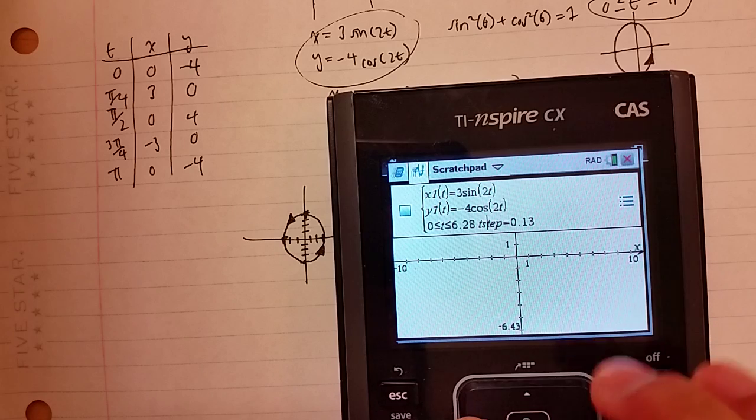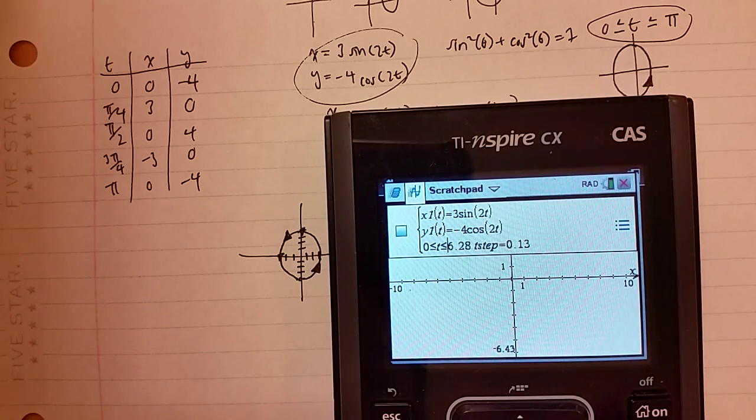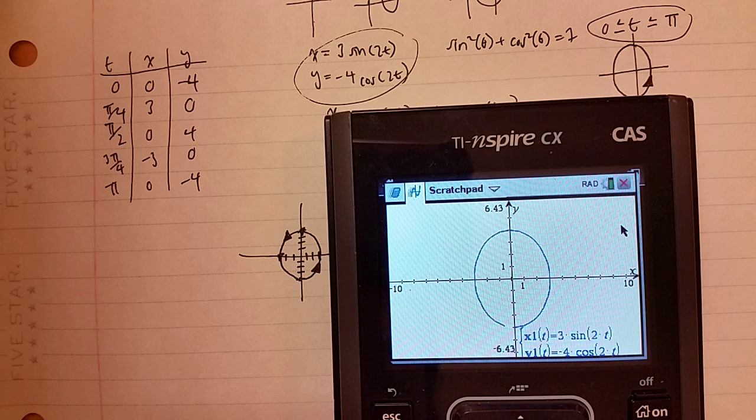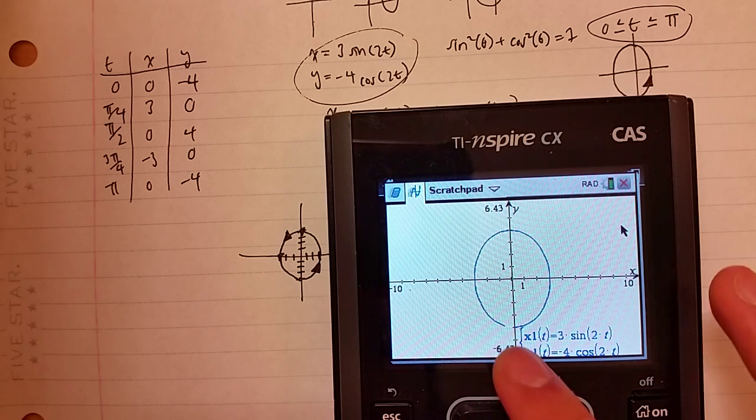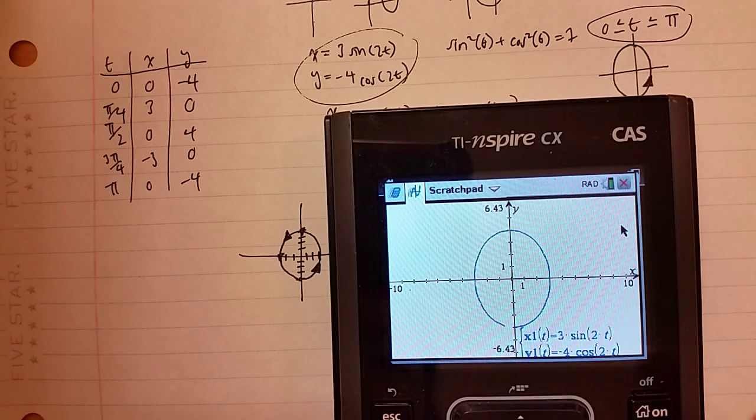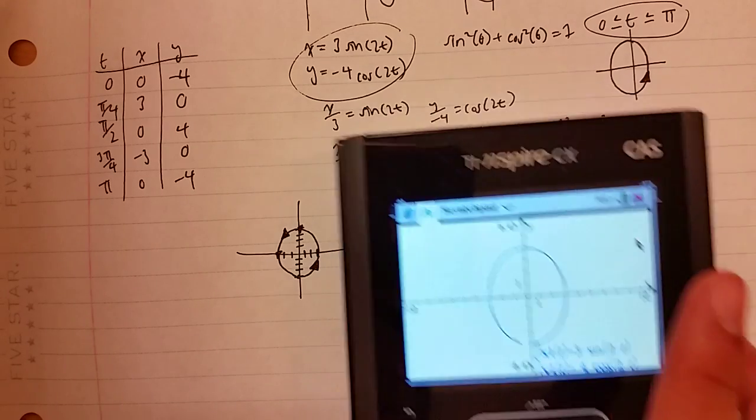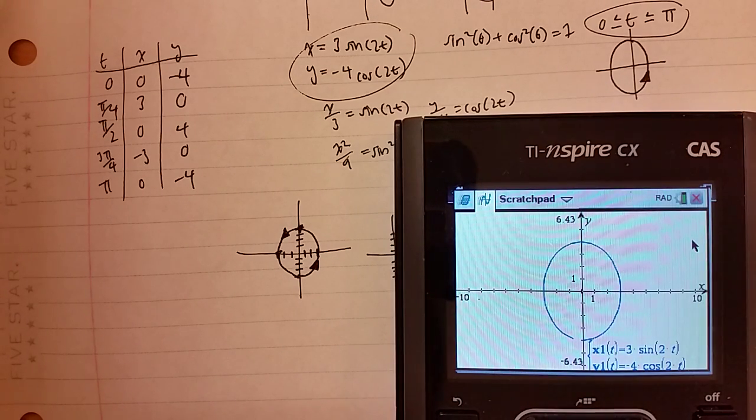And here you can even put in the range, which is 0 to pi, so I can just put 3.14 or something. And it's just what we expect, except the step size may not have been right, or I didn't put in enough decimal places, but it is an ellipse.